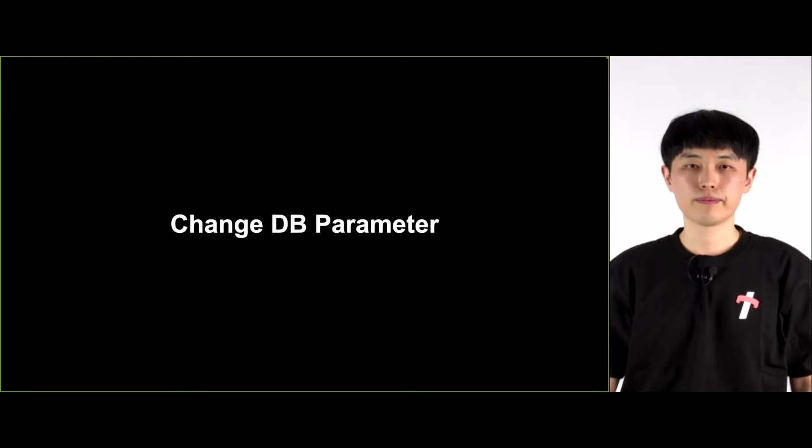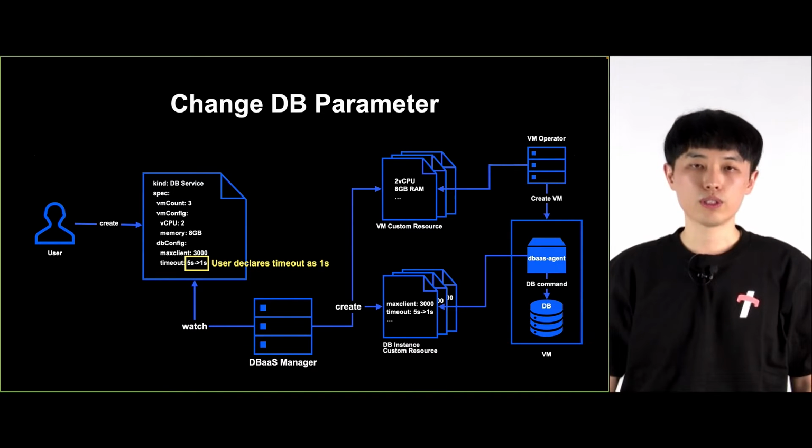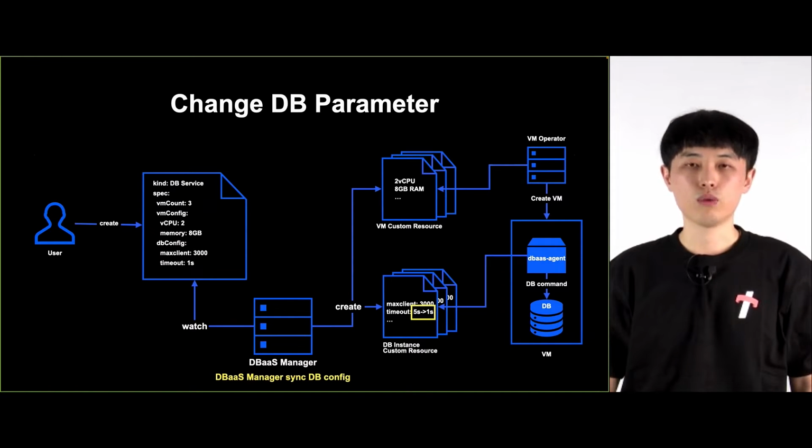And now the next is change of DB parameter. This is done similarly. The user changes the parameter and declares the final specifications, and the timeout in this example is changed from 5 seconds to 1 second. The DBaaS manager senses this change and it is sent to all of the DB instance custom resources, and the DBaaS agent senses the change in the DB instance custom resource and sends the order to the local database.